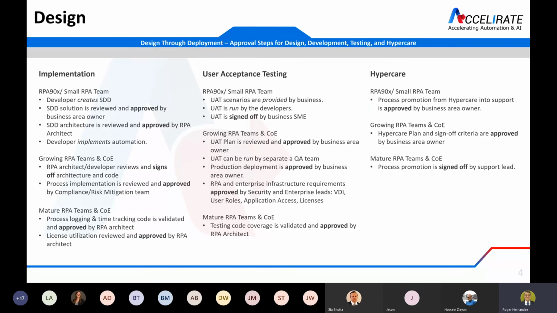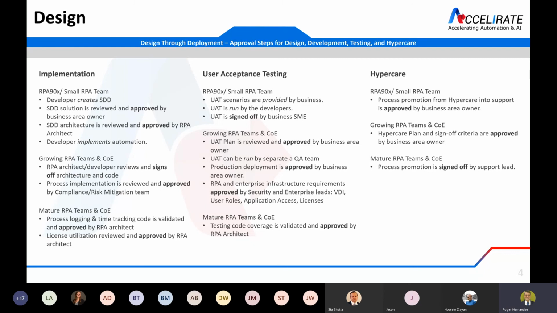Do I have platform licenses for the bot? And finally, again, once you reach that last level of maturity, you're looking at potentially, with automated tools, measuring the test code coverage. Did my UAT fully cover all the paths in the code in my bot? And that's something that's approved and evaluated by the RPA architect.